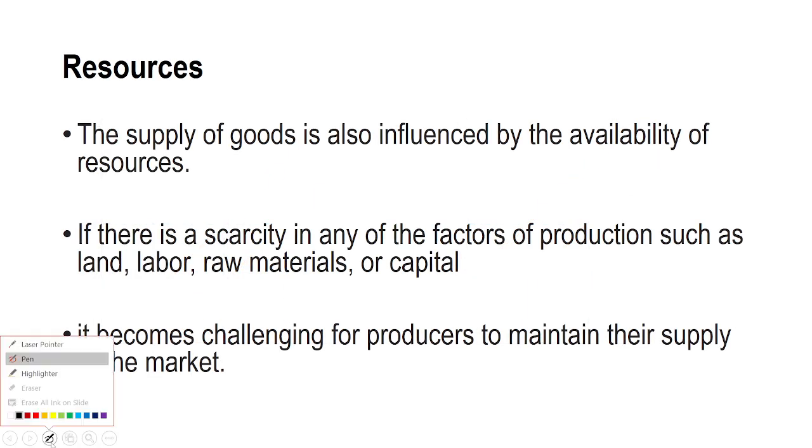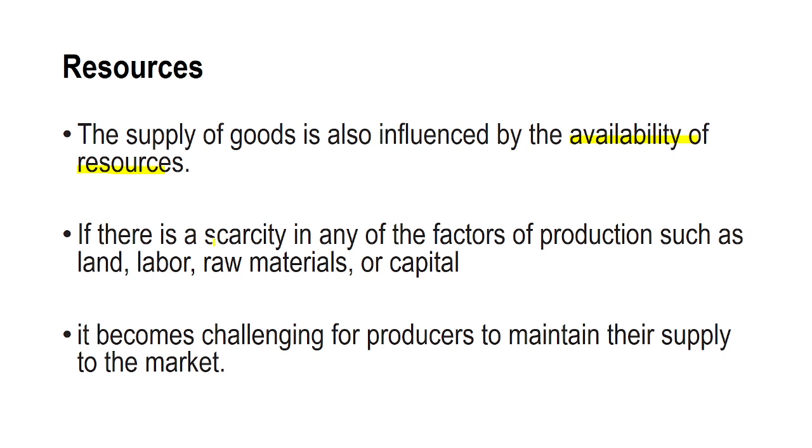The next factor that changes the amount of supply at a fixed price, or shifts the supply curve to show the increase and decrease in supply, is resources. The supply of goods is also influenced by the availability of resources.